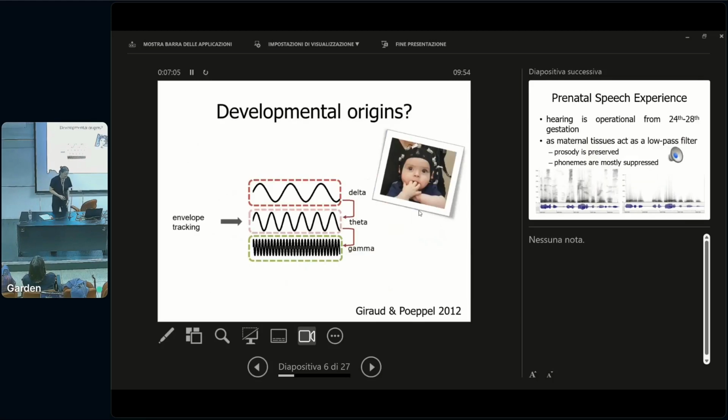So our question here was, how does this happen? How does this emerge in development? Adult speakers have years and years of experience as listeners and speakers, but of course babies don't.